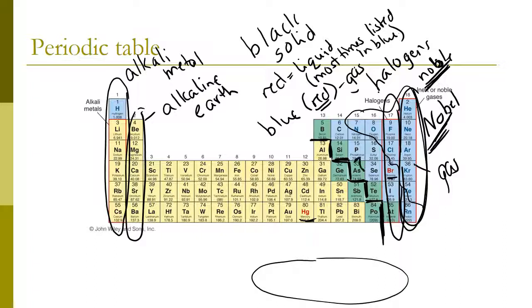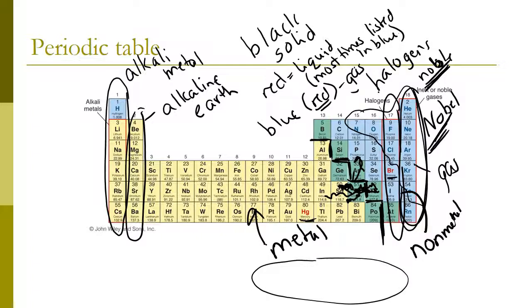If it's on the left-hand side of the line, it's considered to be a metal. My pen is not wanting to write here. That's kind of frustrating. All right, if it's to the left of that line, it's a metal. If it's to the right of that line, these are non-metals. Now it likes to write. Non-metal. Over here is a metal.